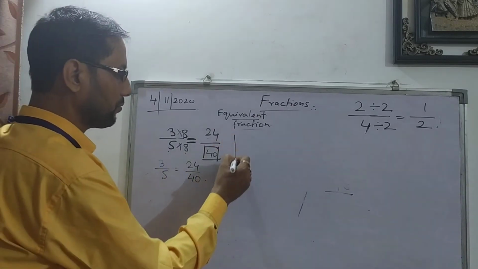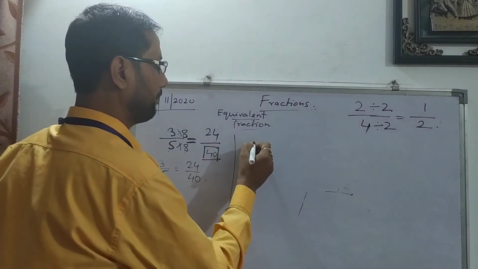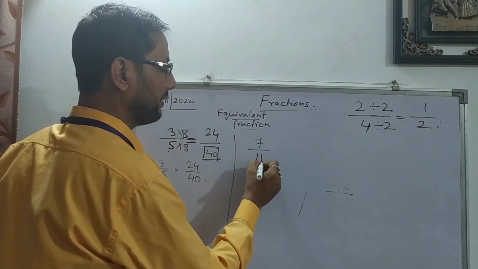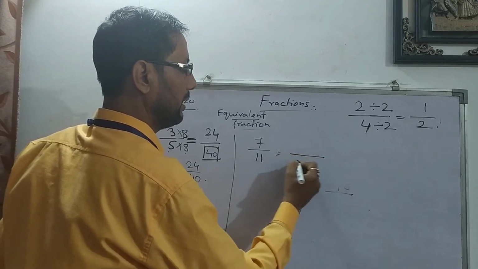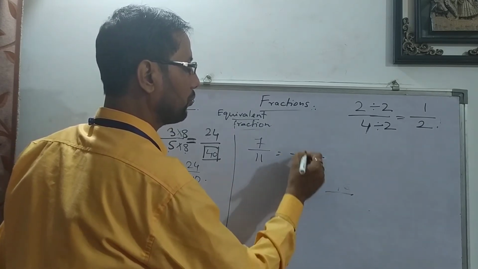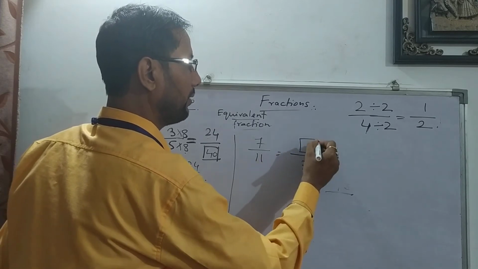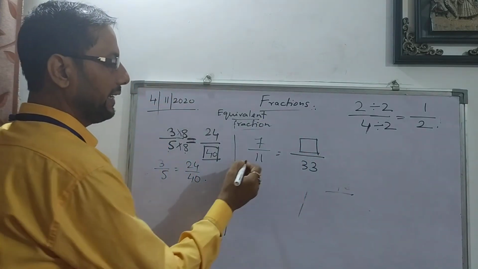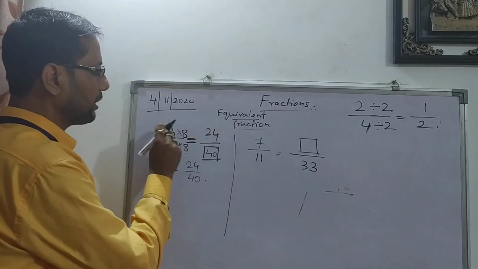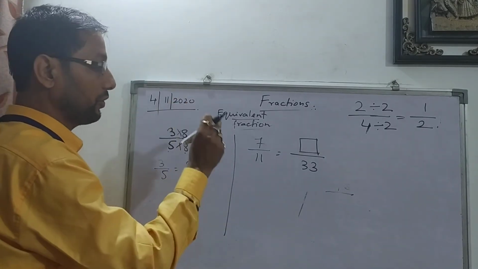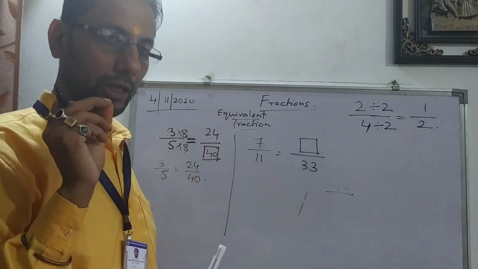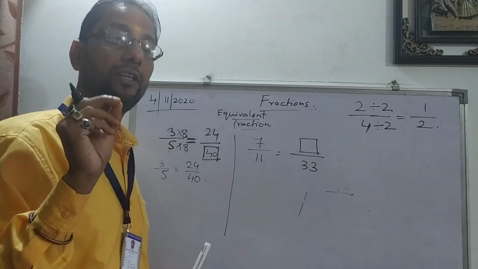Another example, suppose 7 by 11 is equal to, this time I have given 33 over here. So what will I put here? Earlier, 3 multiplied by 8 was equal to 24. You need to know the table properly, remember. In equivalent fractions in this chapter, the table is very important.